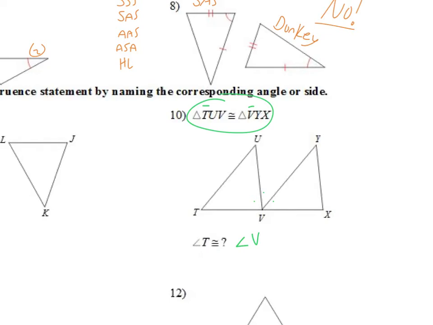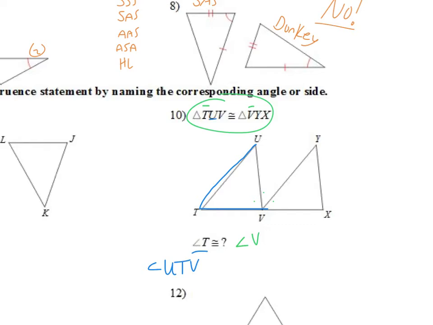Actually, let's go back. TUV, right? Triangle TUV. So angle T, though, in that triangle is actually UTV. Okay, if I want to talk about angle T, so UTV would actually match up.